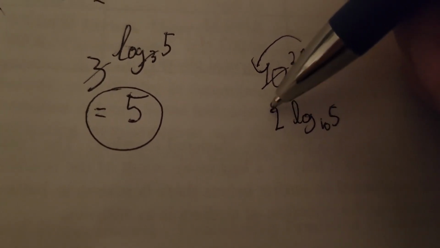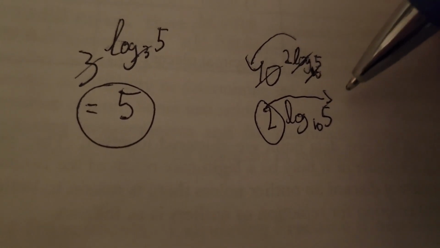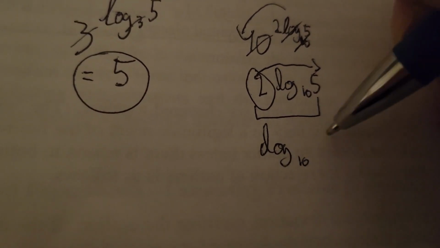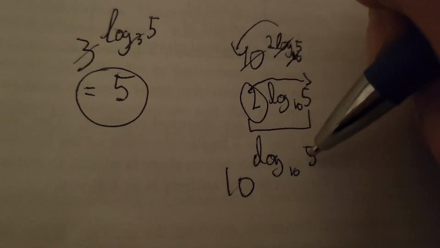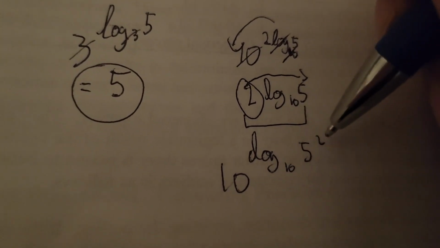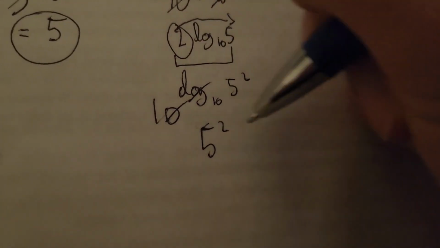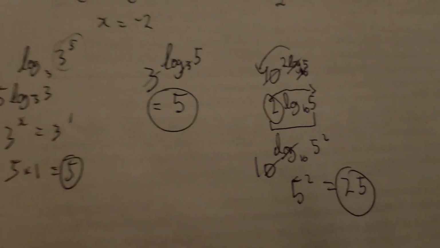Now here, since this is multiplied by that, we have to bring it up. So it's a reverse. So always do that before, okay? Because we're evaluating this entire expression. So now it would be log base 10 of 5 to the 2. But we already know that since 10 was the base and it was raised to the power of log 10, 5 squared, then these cancel. Now we just have 5 squared. And 5 squared is equal to 25. And that's how you use the log rule.